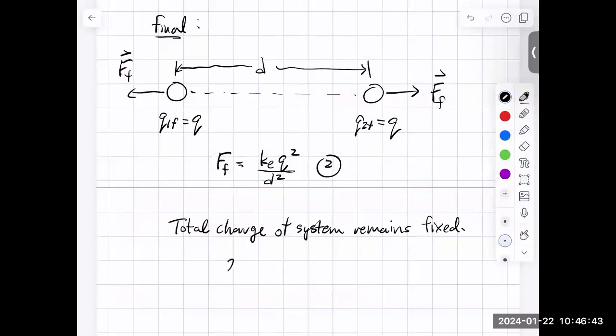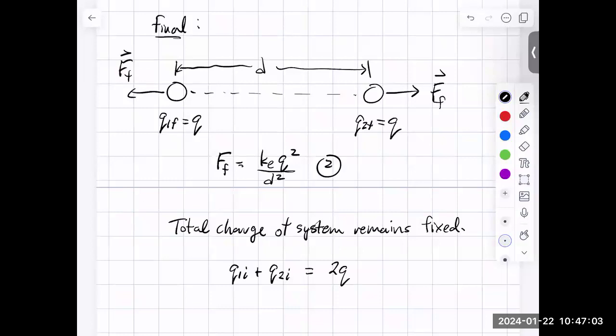And so that means that Q1 initial plus Q2 initial, the total charge before the wire was connected, must be equal to the total charge after the wire connected. It's just Q plus Q, which is 2Q.